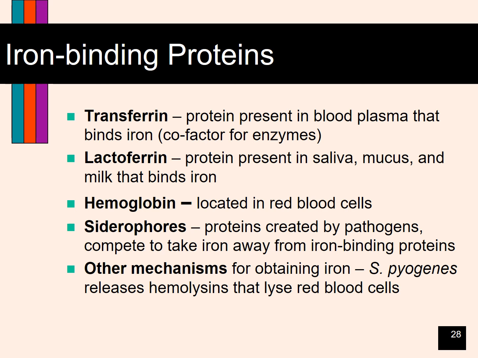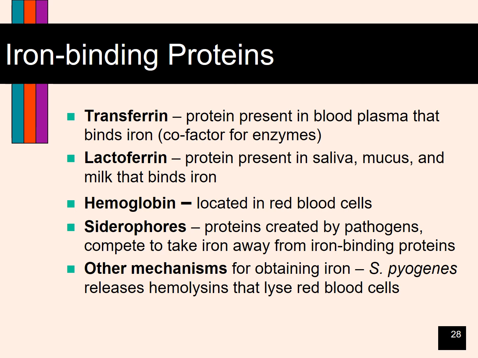In lab, I can't remember if we've already done this, but we're going to be looking at beta hemolysis. Beta hemolysis is when you have the complete lysis of red blood cells. And S. pyogenes, Streptococcus pyogenes, is beta hemolytic, so it completely lyses the red blood cells.